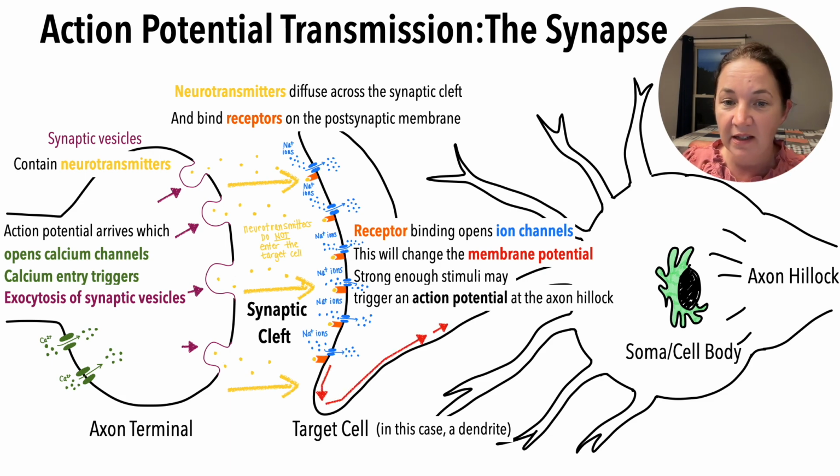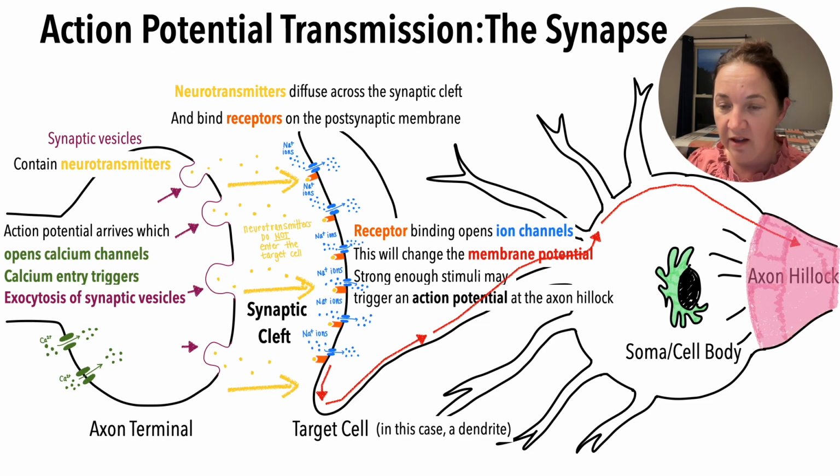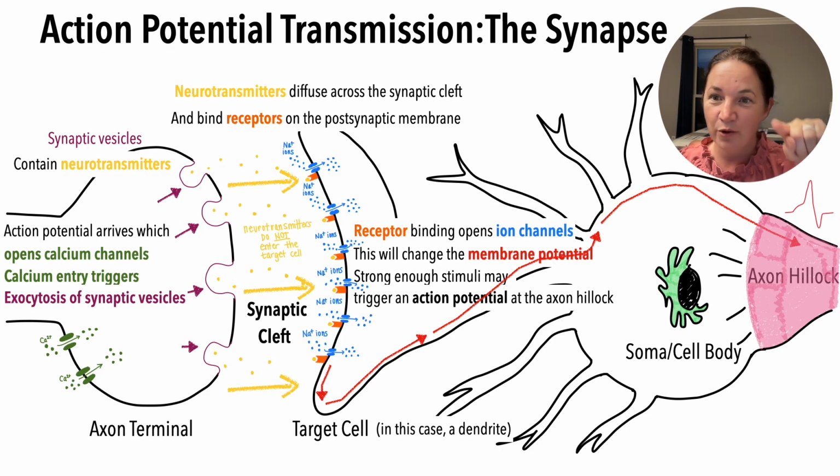I'm using this red line to show the signal passing through the cell and making it to the axon hillock, and then we'll make that axon hillock pink again. And there you have the potential drawn again. I make the line go up a little bit, and that represents, was the stimulus strong enough? In this case, if it was, it will depolarize and then fire an action potential.